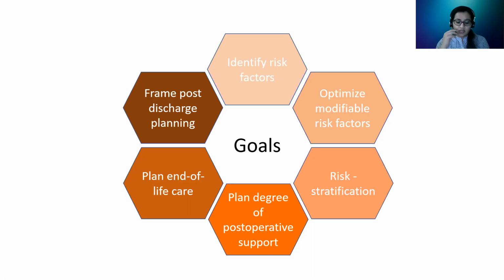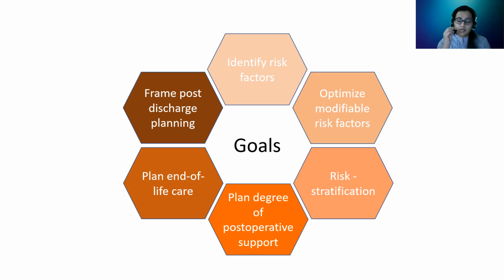Pre-op risk stratification is very important in these patients to plan the degree of post-operative care, like which patient needs HDU or ICU care, the need for post-operative mechanical ventilation, and in some circumstances the need to plan for end-of-life care.